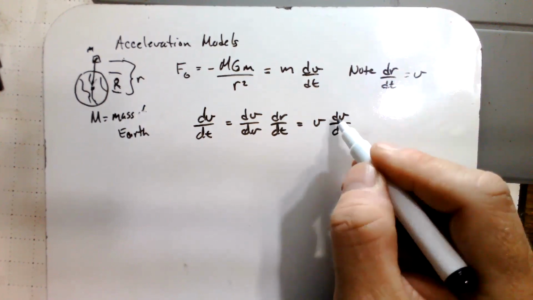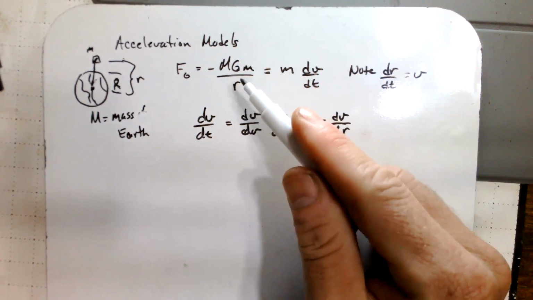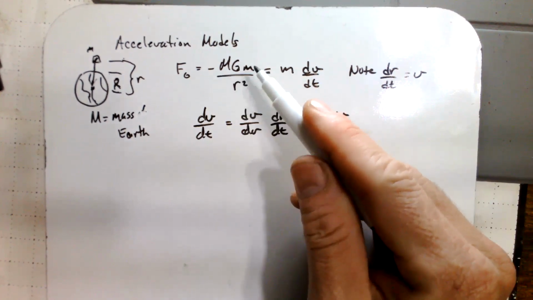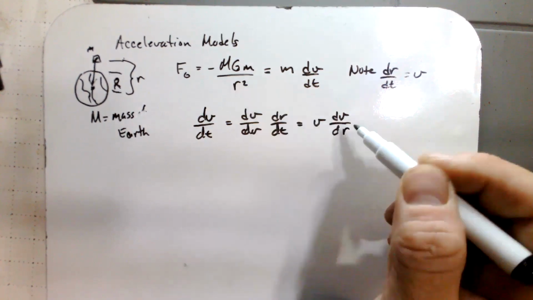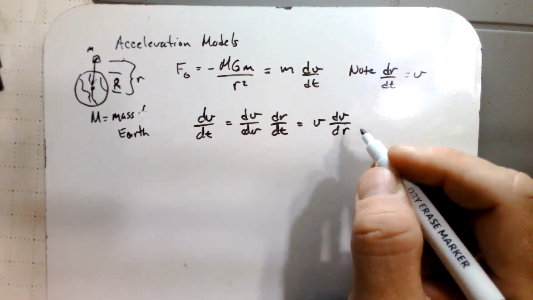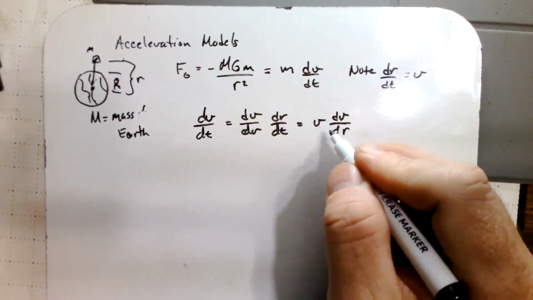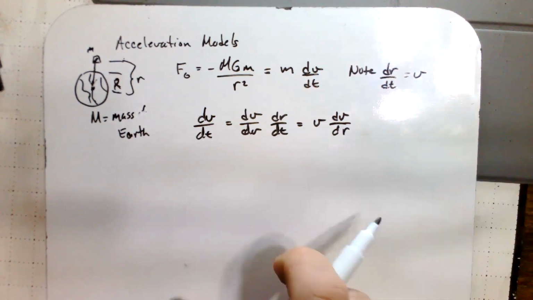Okay, so now we have dv dr and the velocity. The reason why that's nice is because on the other side we have an equation with r, and so this becomes a separable differential equation. That's going to give us our first integral, since the independent variable is missing in our second order differential equation. We've reduced it to a first order differential equation.